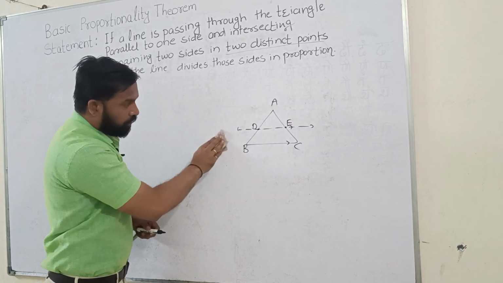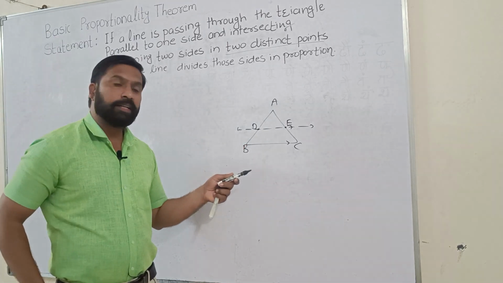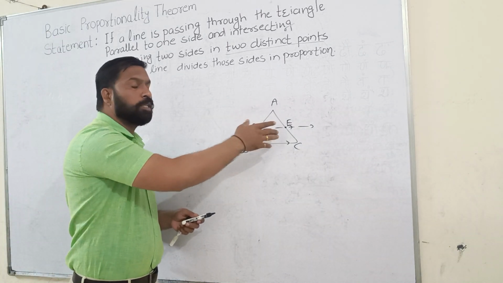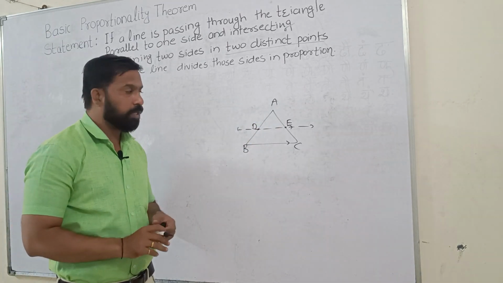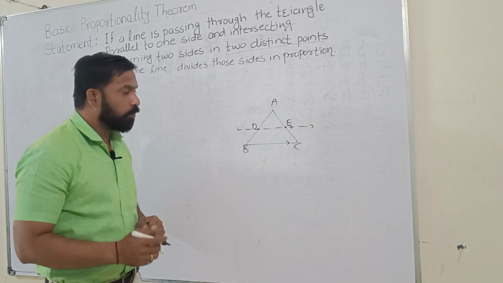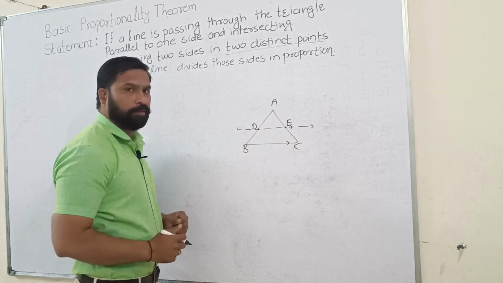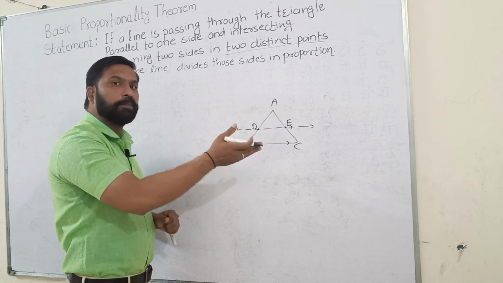So what happens if a line is parallel to one side of the triangle and intersecting the remaining two sides in two distinct points? What does such a line do to that triangle? It makes the ratios of the intersected sides equal. It divides them in proportion.